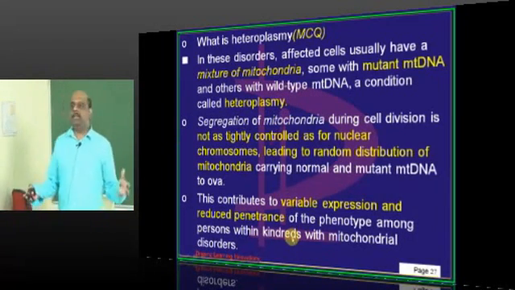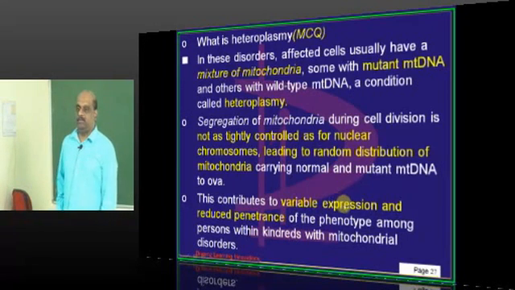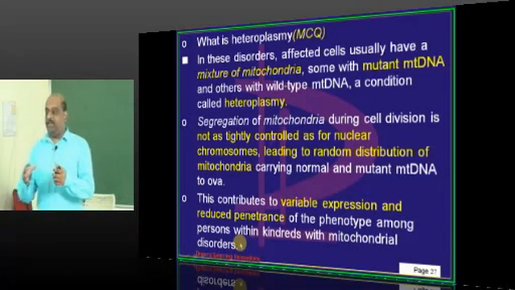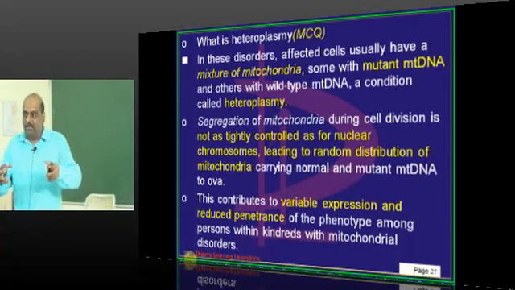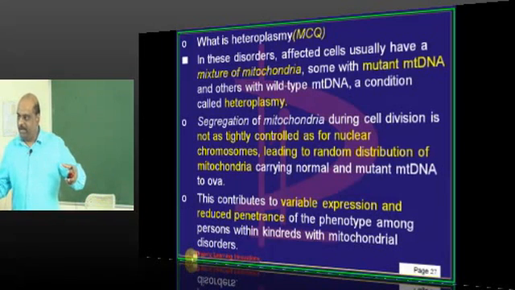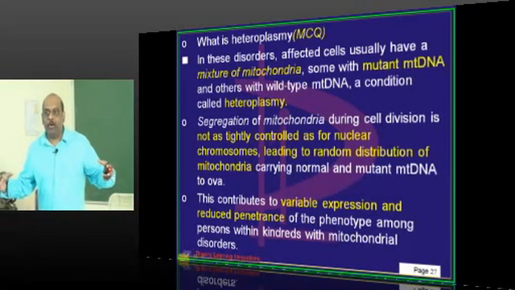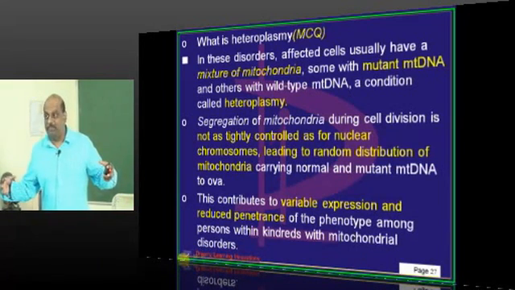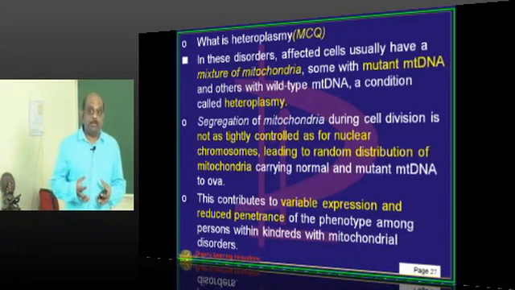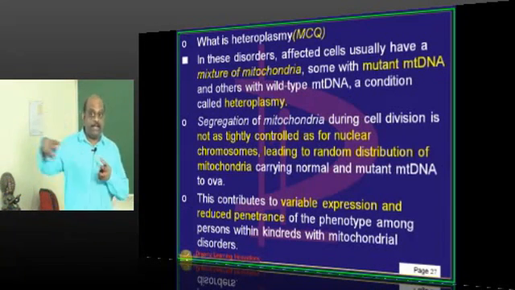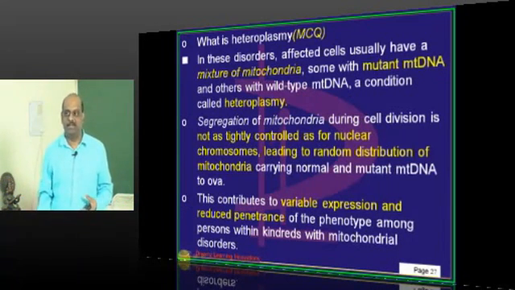So, why basically does this heteroplasmy occur, doctor? If you take nuclear DNA, whenever cell division is occurring, it is strictly segregated, right? Segregated into a haploid state from a diploid state. Mitochondrial chromosomes are not that strictly segregated like the nuclear chromosomes.